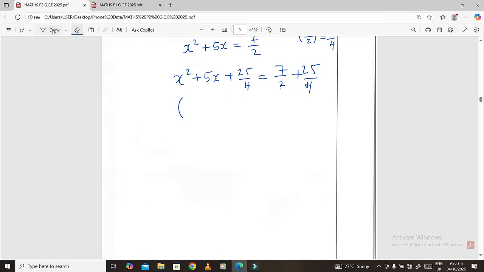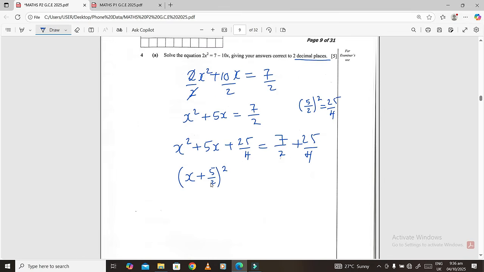Okay, I want you to see. You maintain x, and then here you say plus 5 over 2 power 2. So this 5 over 2 is the one which is inside here. So write it here, and then say equal to 7 over 2 plus 25 over 4.